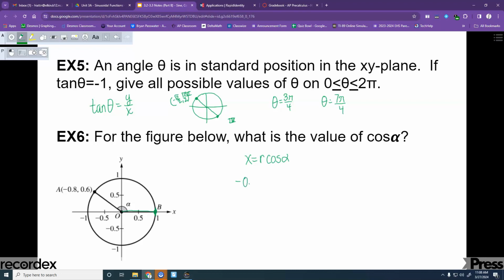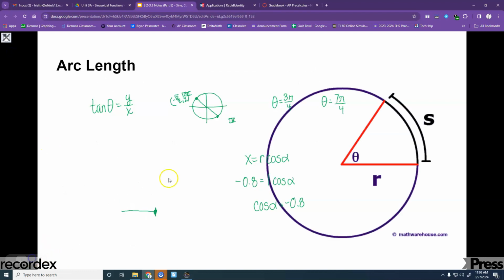Negative 0.8. So I got negative 0.8 equals 1 cosine alpha, which means that cosine alpha just equals negative 0.8 for that. Okay, we're okay here? All right, moving on.